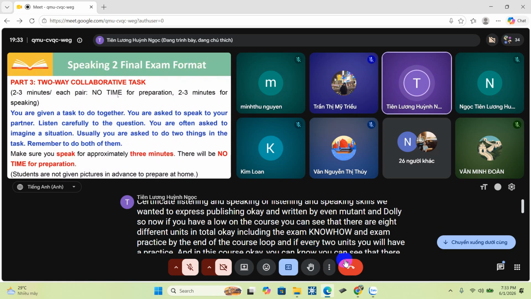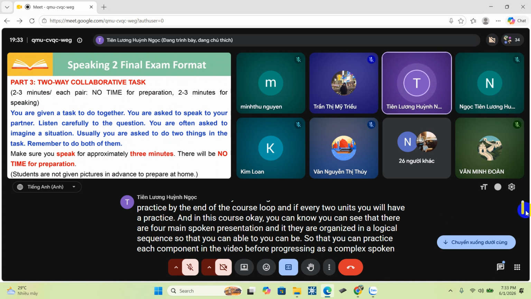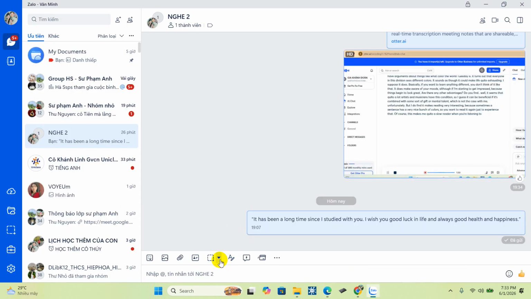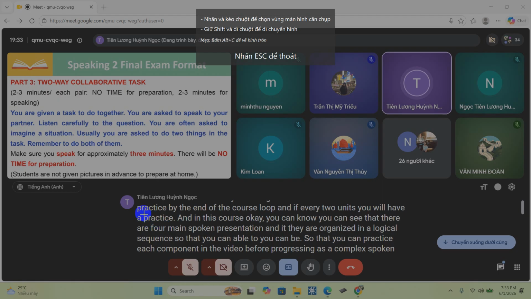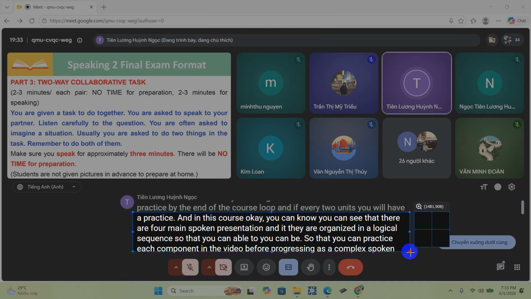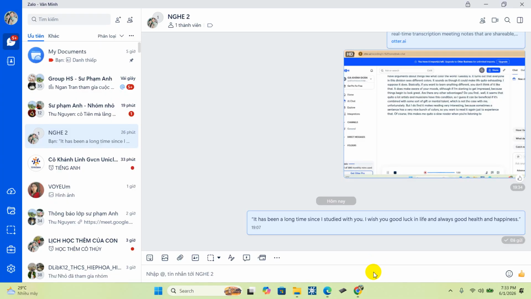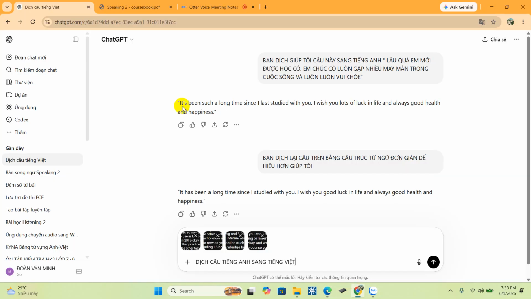Now moving to part 3. In this part, you will have a conversation with your partner to discuss a certain situation. Normally, the question will ask you to do 2 things in the task, so you need to remember to do both of them.